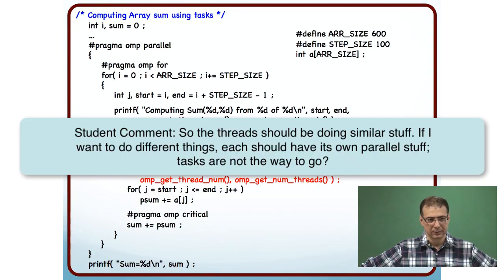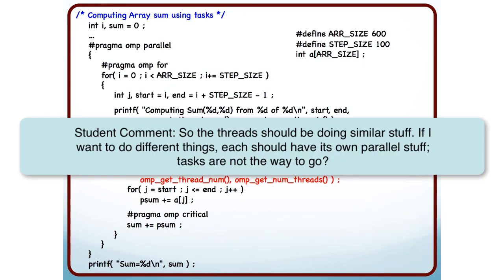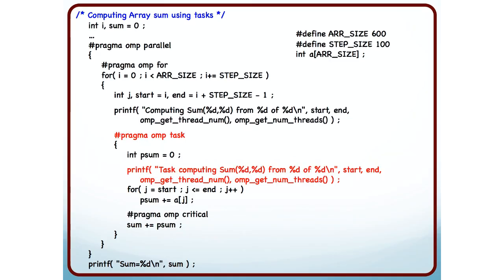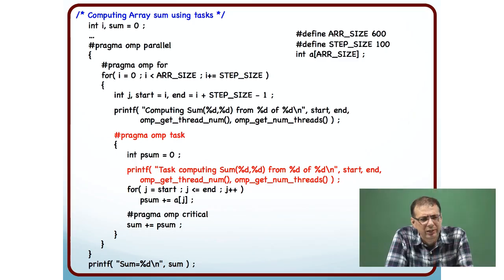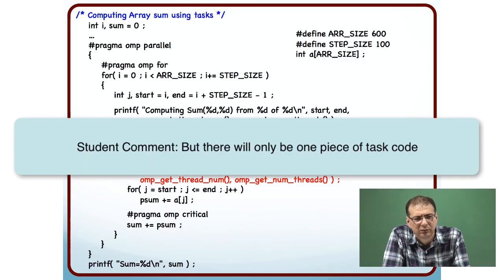So it will probably be doing similar stuff. If I want to do say 3 or 4 different things, and each of them have their own parallel stuff, then tasks is not the way to go. No, that's not necessary. I could write anything inside the code, right? Right, but there's only one piece of task code.